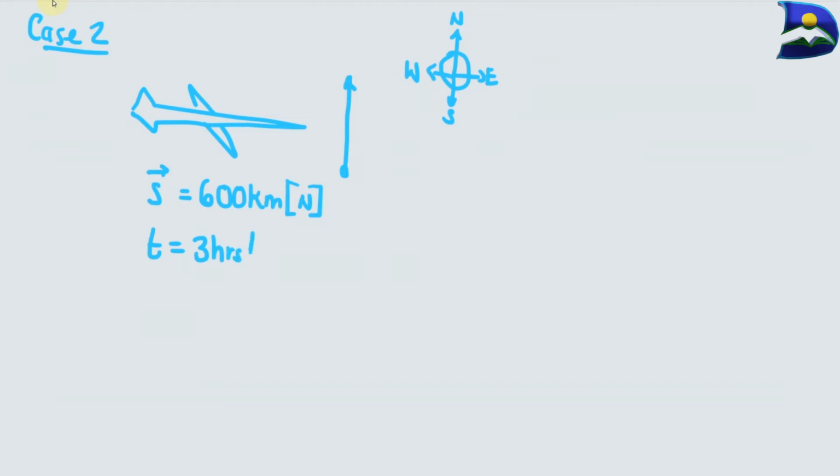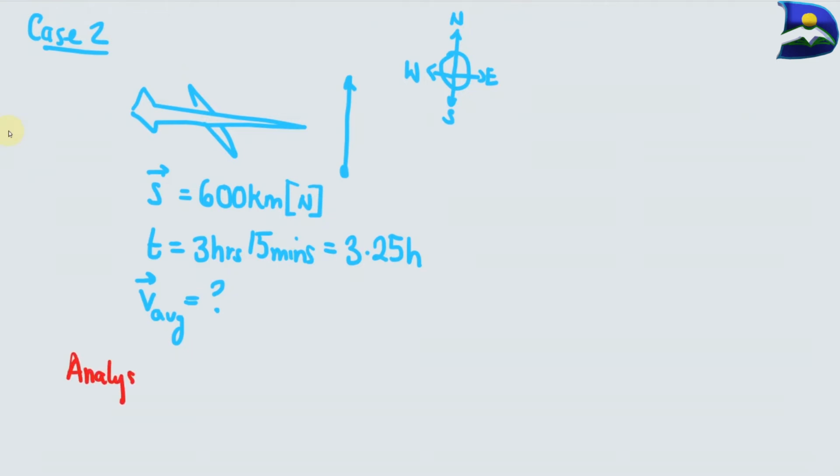And therefore, this is going to give us our velocity to be equal to 185 kilometers. Remember that because this is a vector, we not only need our magnitude, which is 185 kilometers per hour, but also we need our direction, in this case north. And so this here is our final answer for our velocity.